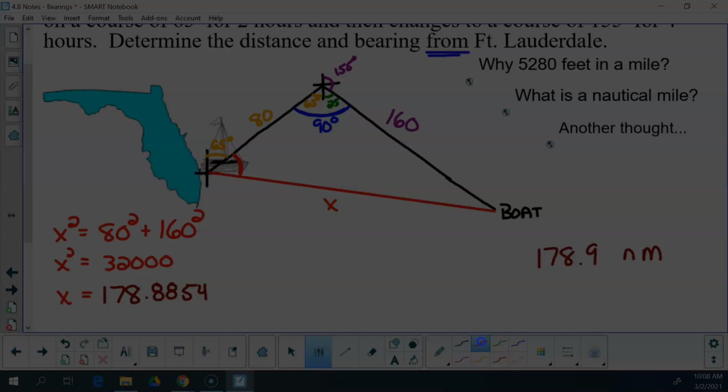What do we got for said angle? How would we find it? Remember, we have what kind of a triangle? A right triangle. We know all three sides. So how would we go about finding it?